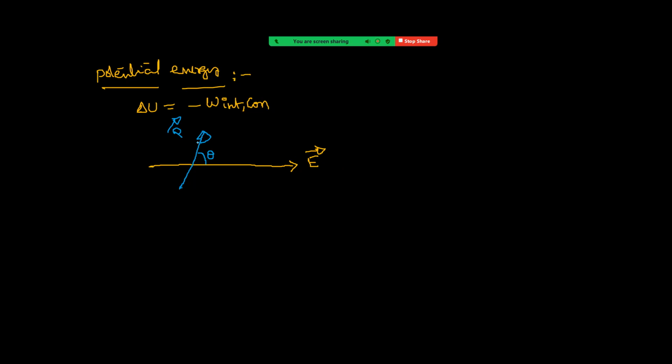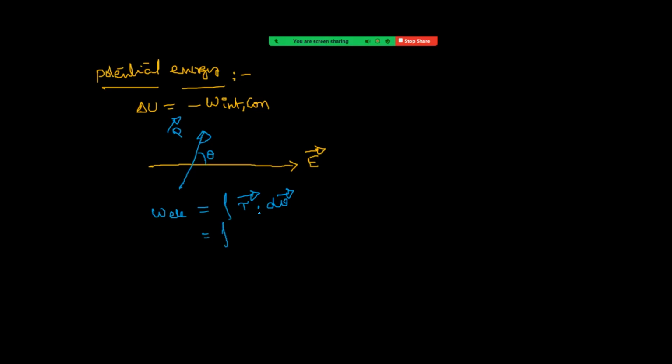Let us now calculate the work done by this electric field. That means we are going to calculate the work done by the internal conservative forces. So the work done by the electric force is equal to the integral of torque, written as tau bar dot d theta bar.